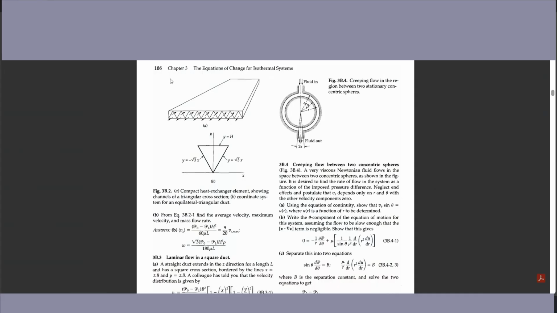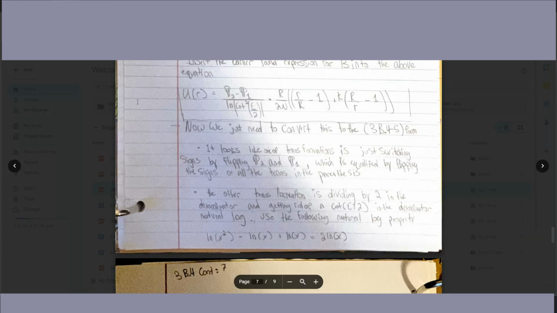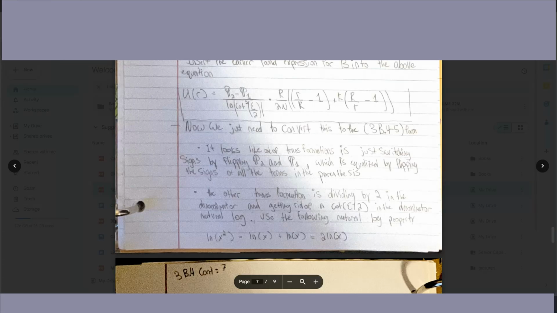So now we just need to convert this to 3B.4-5, which I'm pretty sure is just the answer to the problem. Okay, so this expression for B also matches pretty much, I think. No, it doesn't match exactly. I think you could just put 2 out front here and it works somehow. Makes sense.